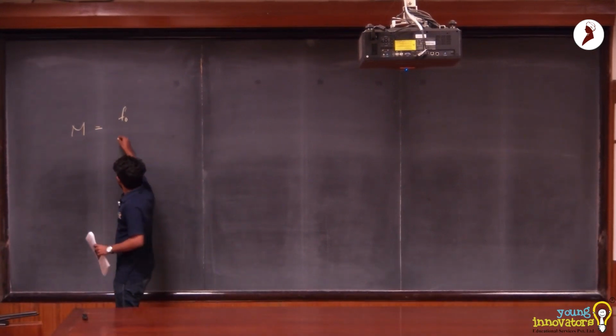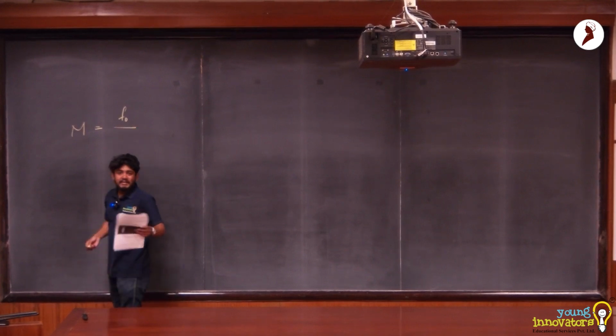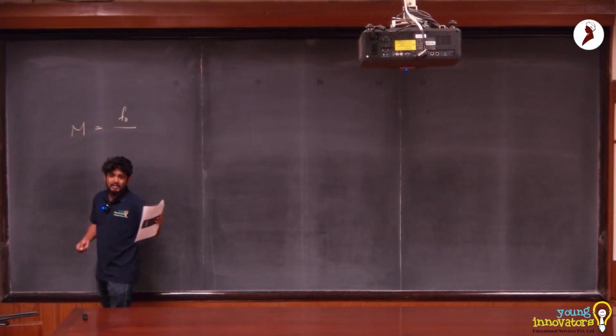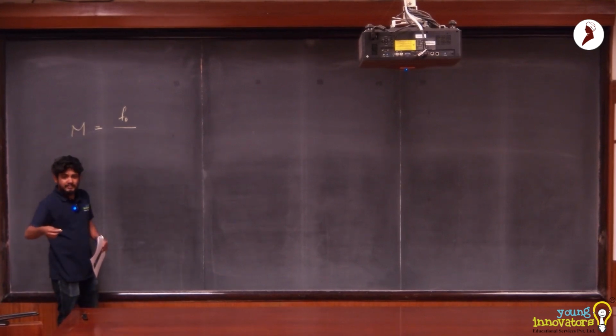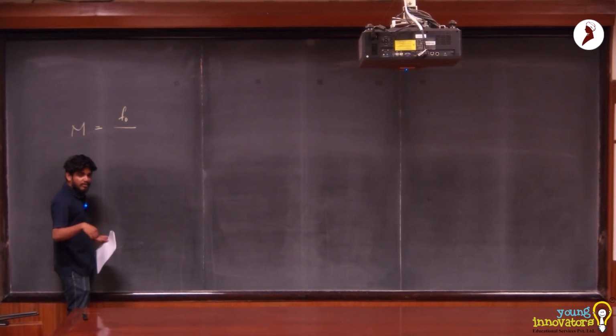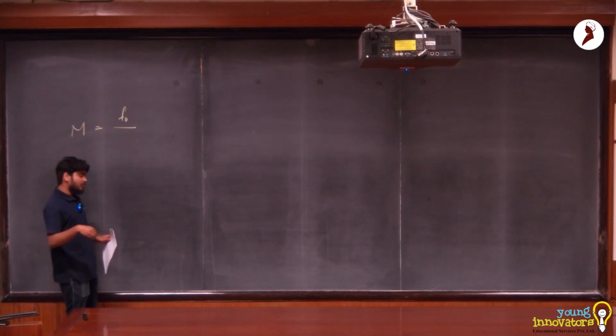And I remember I told you the eyepiece determines how magnified the object is. So, shorter focal length will give you higher magnification, longer focal length will give you lower magnification. And what about the field of view?